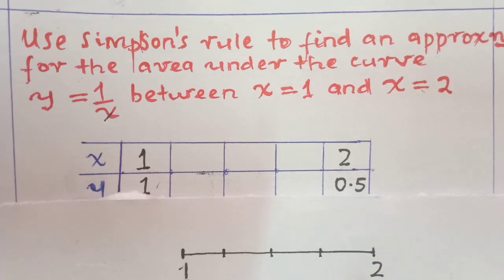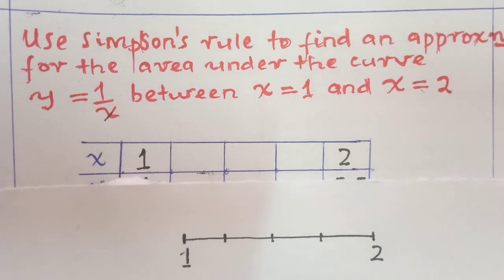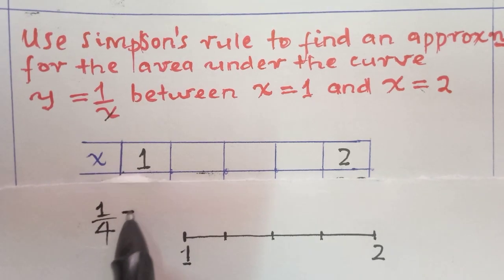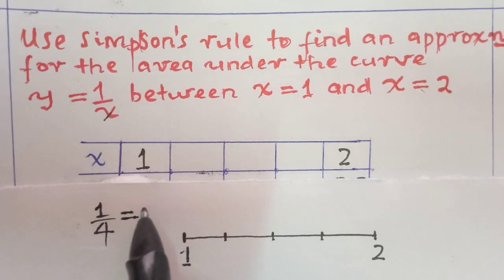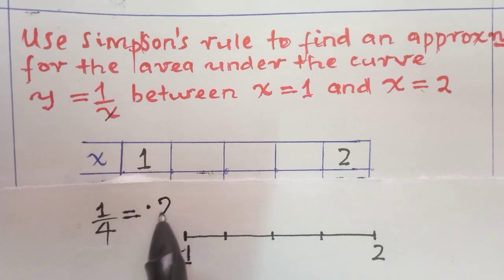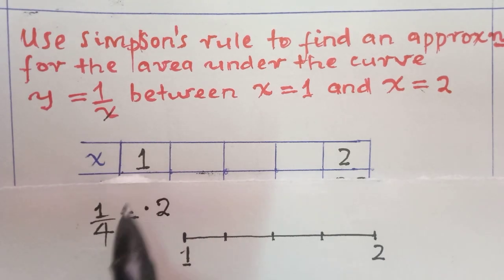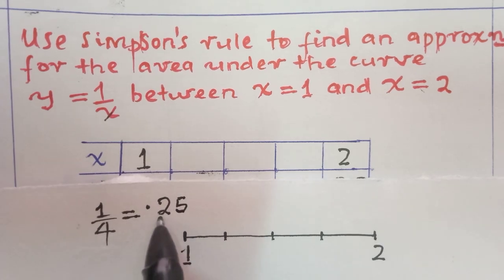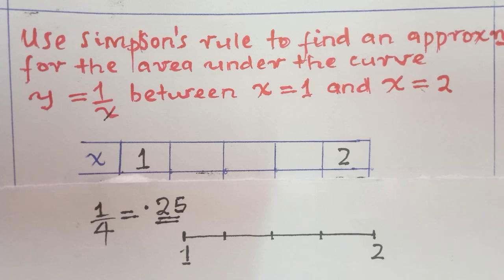That will be 2 minus 1, which is 1, then divide by 4. That gives us 0.25. So guys, we are going to have intervals of 0.25.